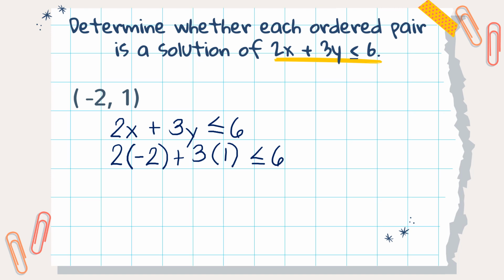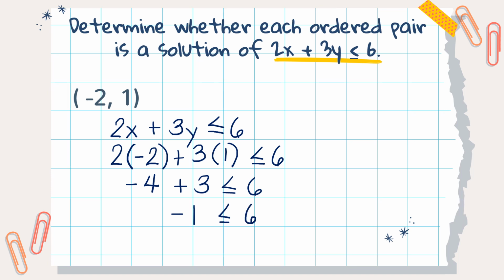Then we simplify. We have 2 times negative 2, correct? That is equal to negative 4. Then 3 times 1, yes, that is equal to 3. It's less than or equal to 6. What is negative 4 plus 3? Yes, negative 1 is less than or equal to 6.